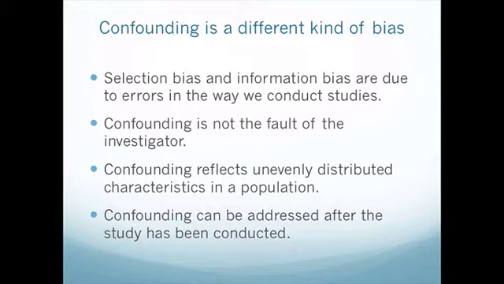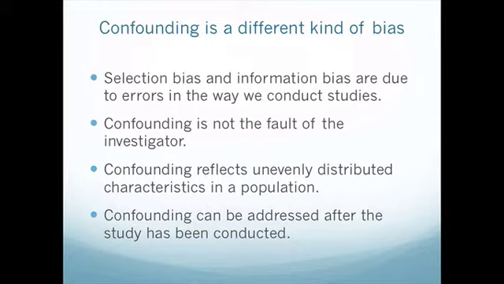Another difference between selection bias, information bias, and confounding is that confounding actually can be addressed after the study has been conducted. Thank goodness, right? Because if it's something that naturally happens in the world when we conduct our observational studies, then we need a way to deal with it, or else we're in big trouble, and all of our measures of association are completely biased.